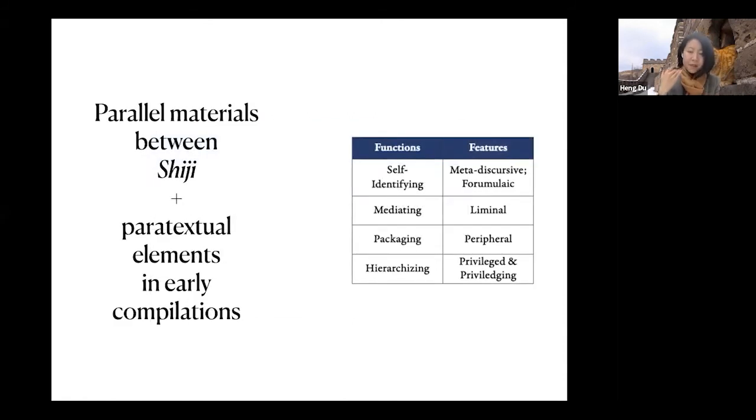What results from that is that not only would I like to argue that a lot of these narrative and other forms of textual elements in early texts are paratextual, we also find that these paratextual materials tend to have a parallel in the 史记, and I think that underscores that the 史记 is just as concerned with what might be called a history of a text as a history of people.